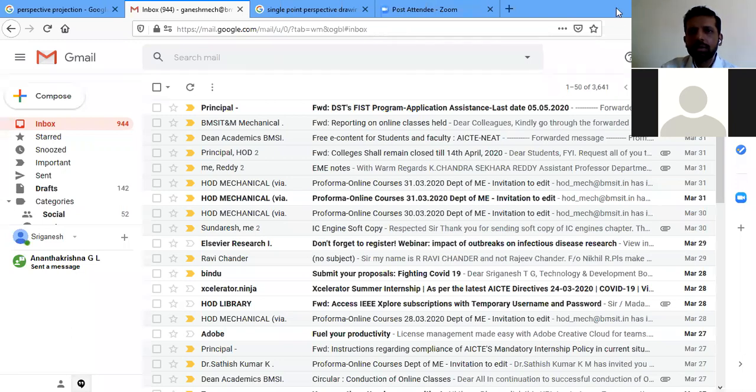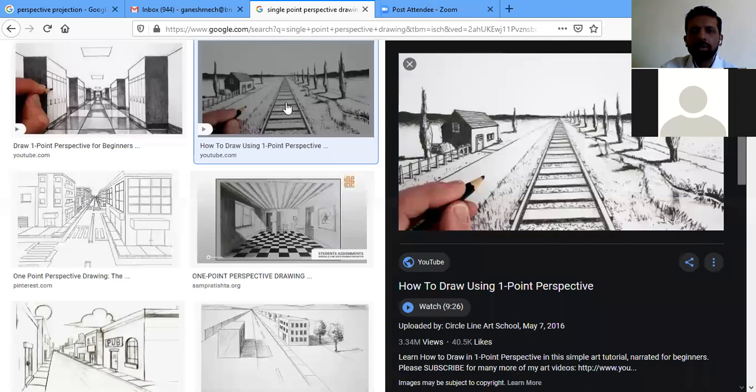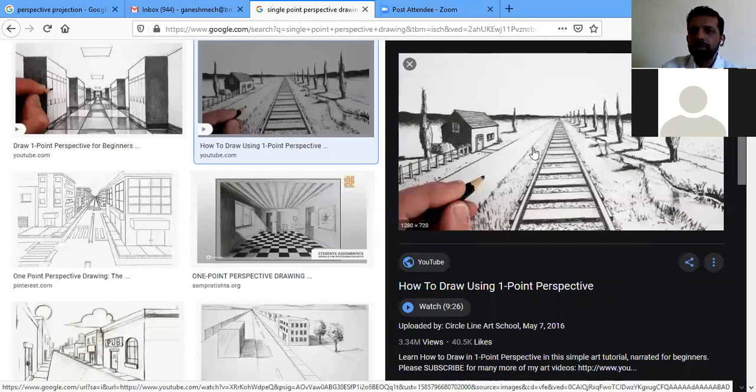Yes, we have seen some drawings like this, where the observer is standing and looking at a very long distance.